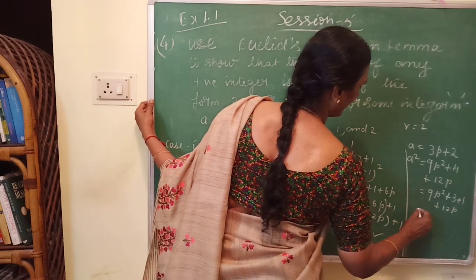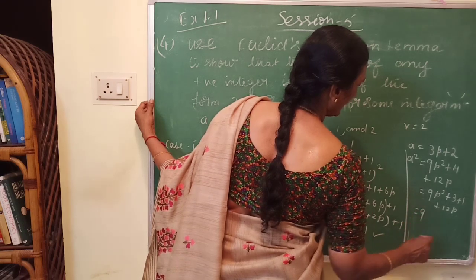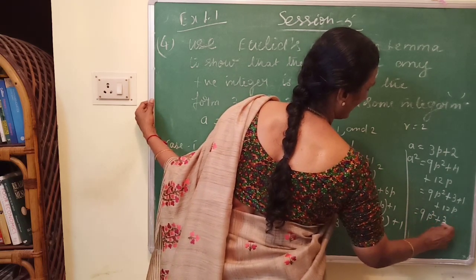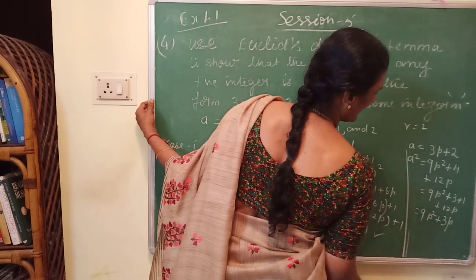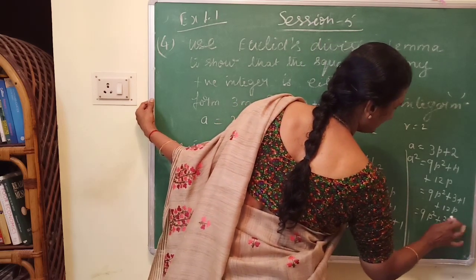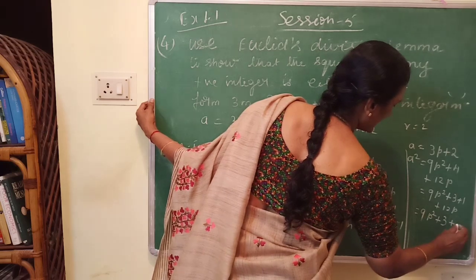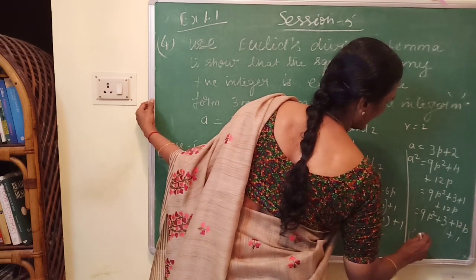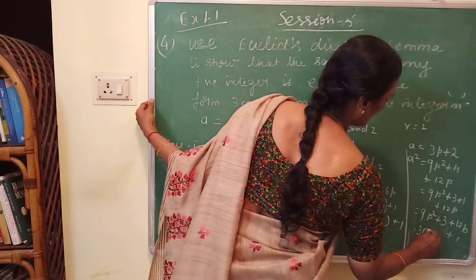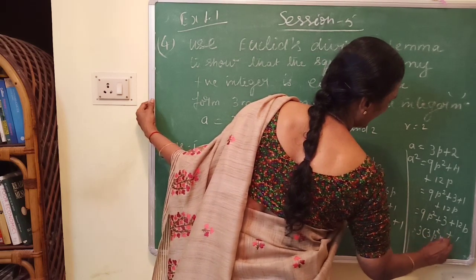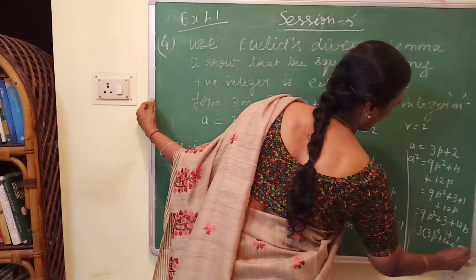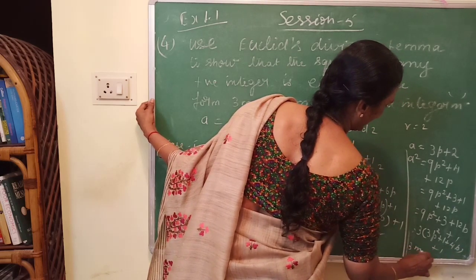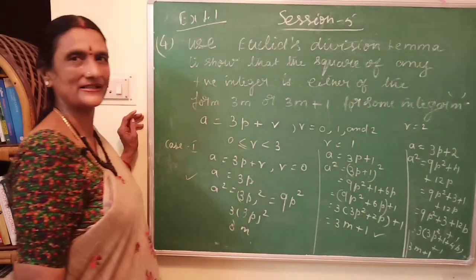I am separating that 1. So you will get 9p square plus 3p plus 3 plus 12p and then plus 1. You will get, taking that 3 out, 3p square plus 1 plus 4p plus 1, that is ultimately reducing to the form 3m plus 1.